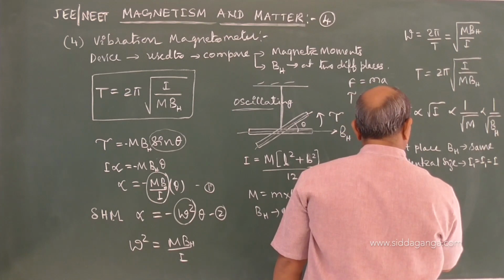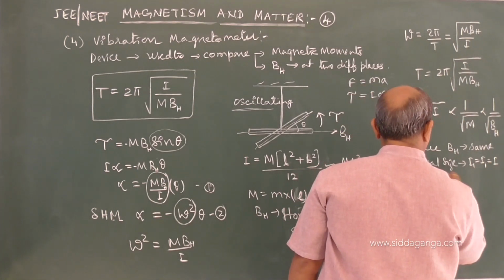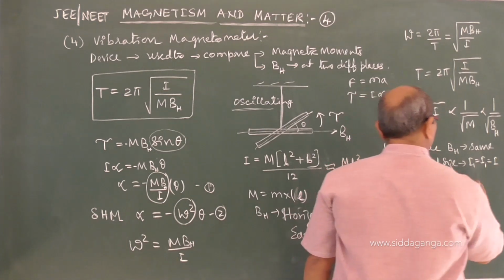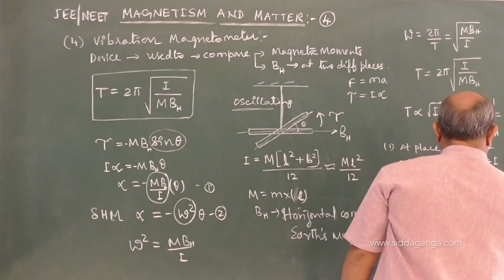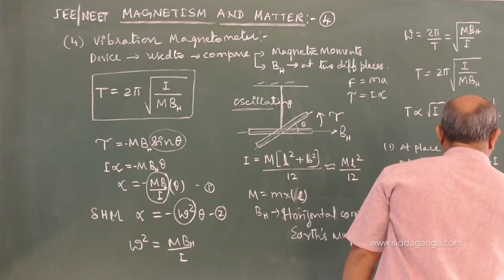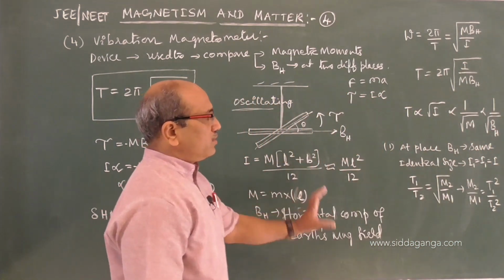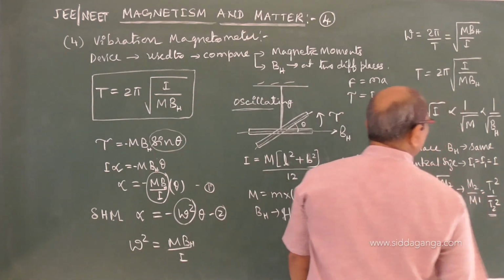Therefore, you can write T1 by T2 is equal to root of M2 by M1, or M2 by M1 can be written as T1 square by T2 square. That's the relation for identical size magnets at a place.